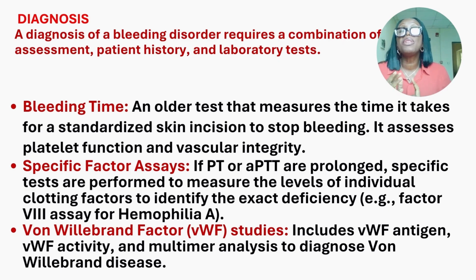Now we have specific factor assays. If the prothrombin time or activated partial thromboplastin time are prolonged, we can go ahead and assess for factors like factor 8, factor 9, and factor 11, or for hemophilia A or hemophilia B. Then we have von Willebrand factor studies, where we assess von Willebrand factor antigen or von Willebrand factor activity.